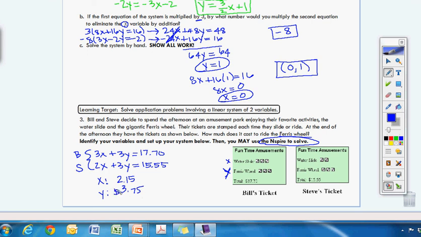I apologize, I am very messy on here. We're looking for, this is the water slide, this is the Ferris wheel, and what we're asking is how much does it cost to ride the Ferris wheel? So my final answer is $3.75.